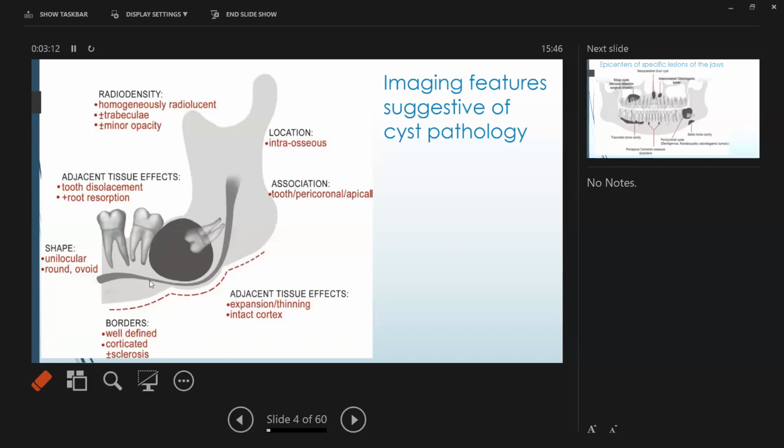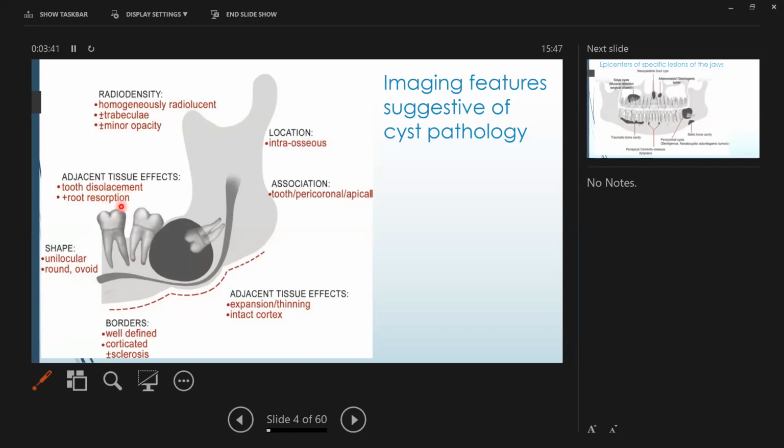And coming to the borders, how are its borders, whether they are sclerotic or corticated, or whether they are well-defined or ill-defined. If the cystic lesion is unilocular, it means there are no internal septations within the lesion. And how is its effect on the adjacent structures, whether there is tooth displacement or root resorption.